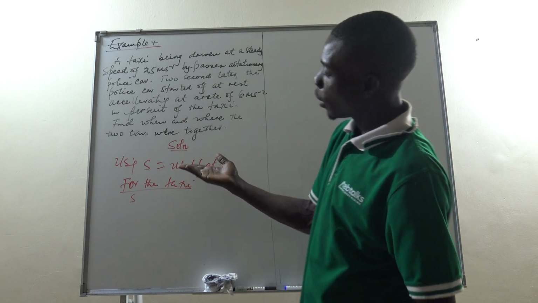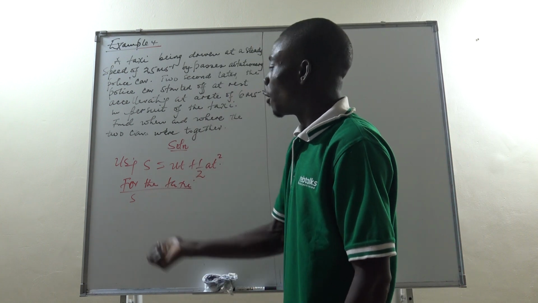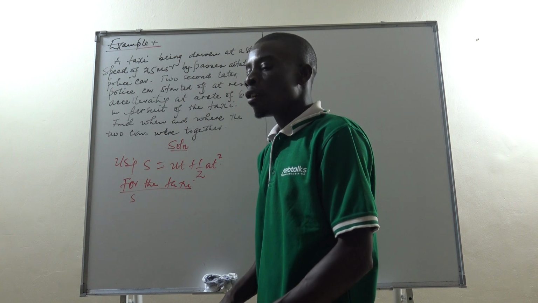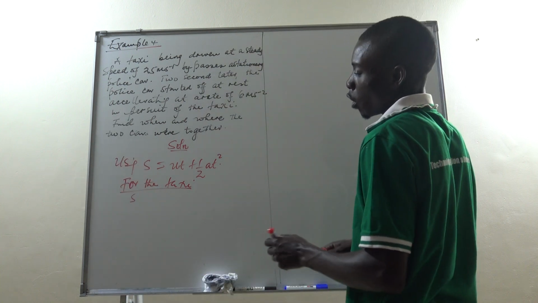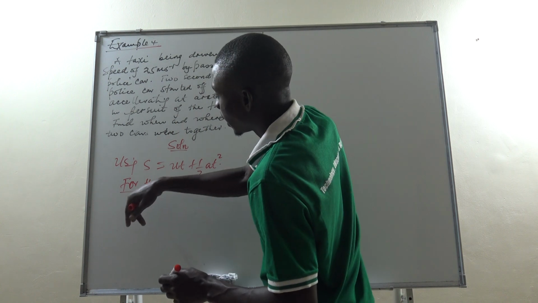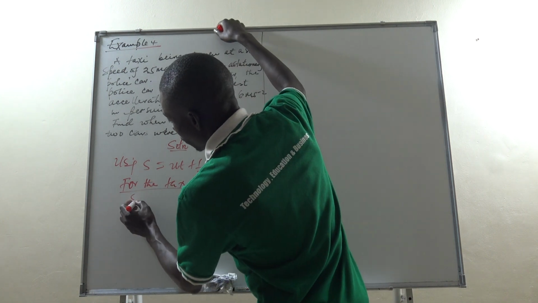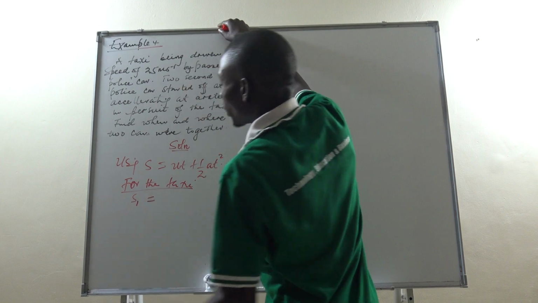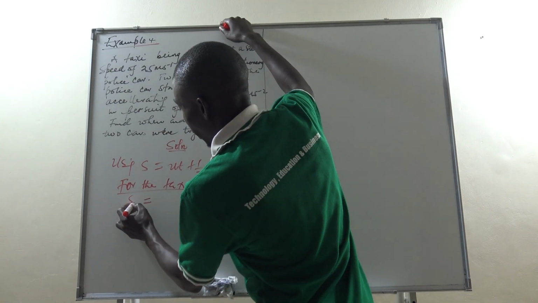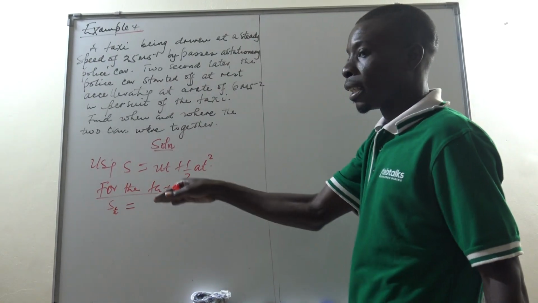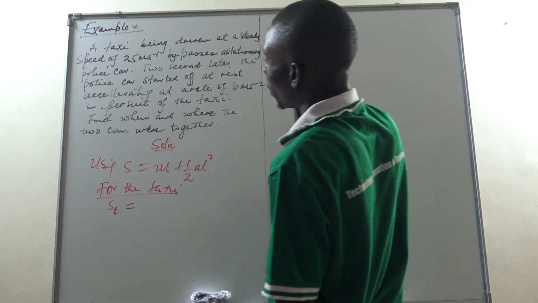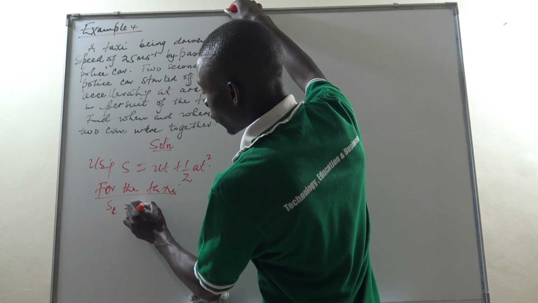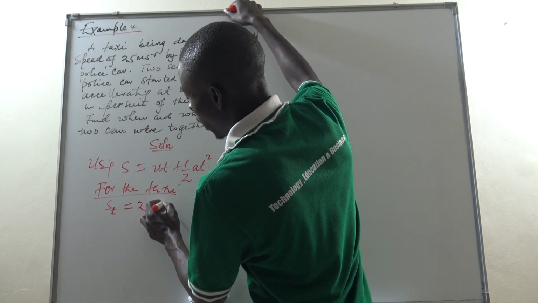So now we're saying that if we're using this equation and considering the taxi, what is the distance covered by the taxi from the time it bypassed the police up to the time where it was caught? So we shall say the distance, ST for the taxi, should be equal to ut, it is being driven at a constant, steady speed of 25, times the time.